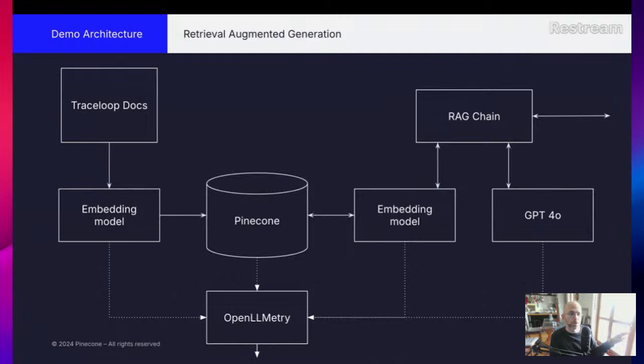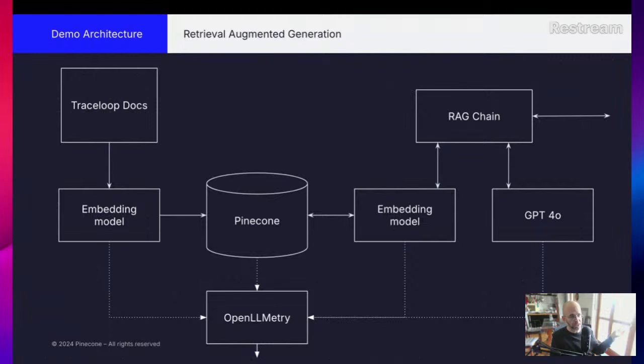I've built a simple RAG chain that uses Pinecone as a vector database behind the scenes. We took all of our documentation, tracelab.com/docs, embedded it with an embedding model, and then indexed it into Pinecone.